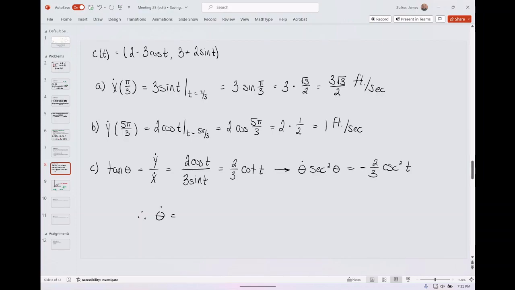So theta dot would be negative 2/3 cosine squared theta cosecant squared of t. But we want theta dot when t is 2 pi over 3.